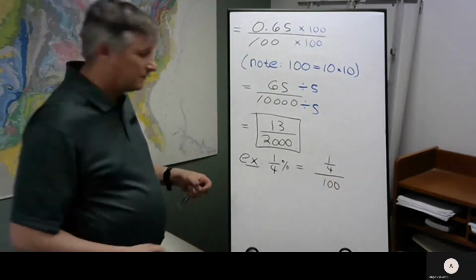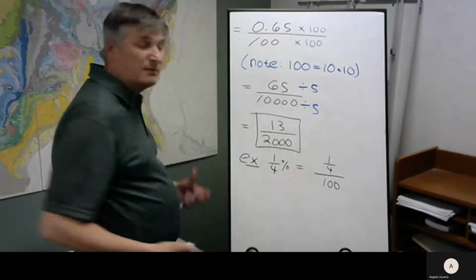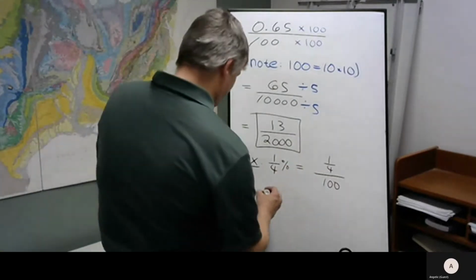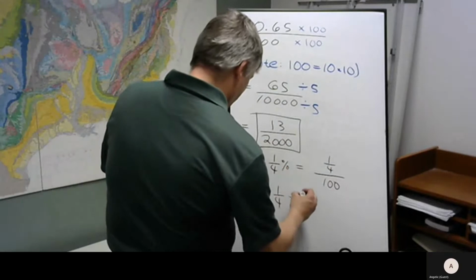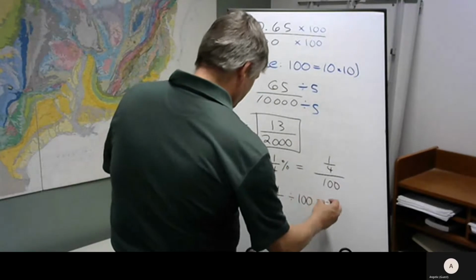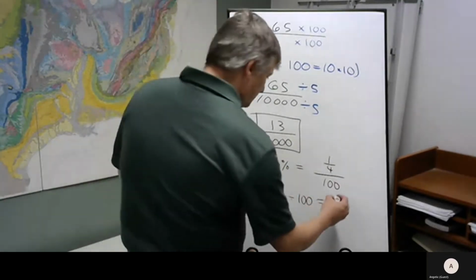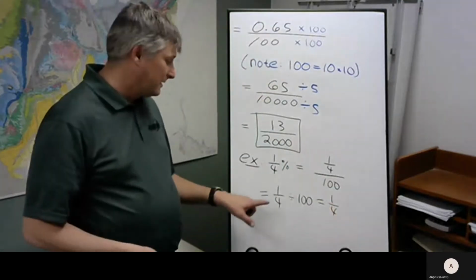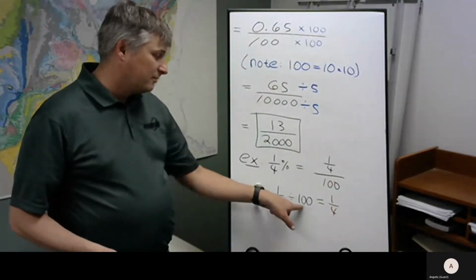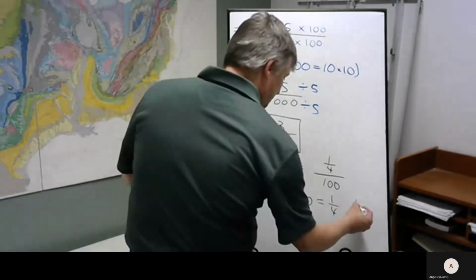Now we're dividing fractions. So this large fraction bar, it means a division. To divide fractions, we do what's called KFC. Keep the first fraction, we flip the second one.